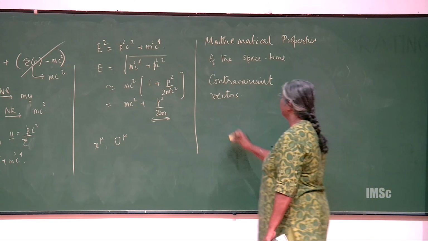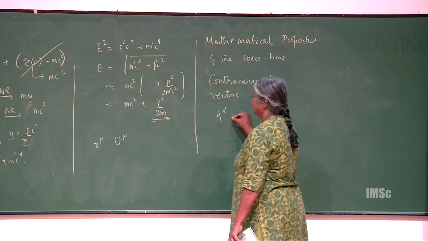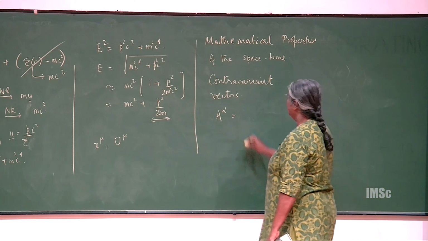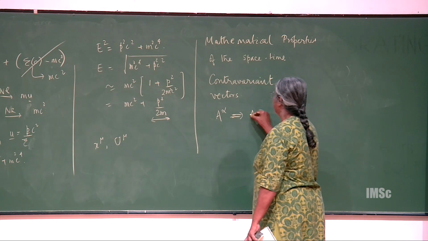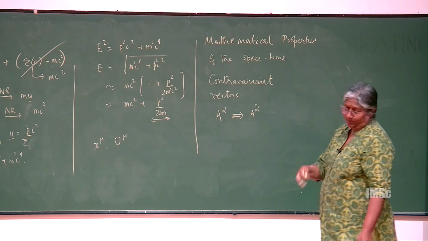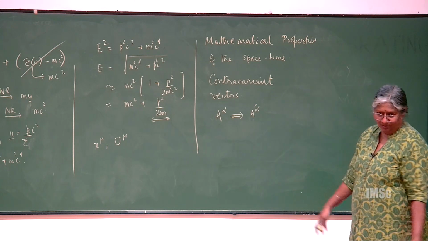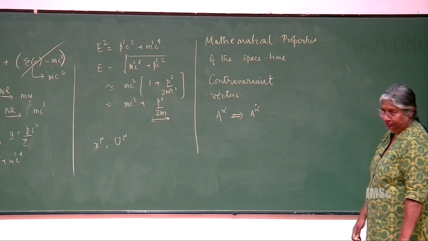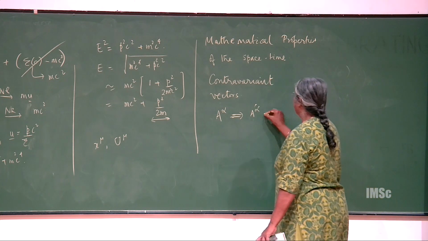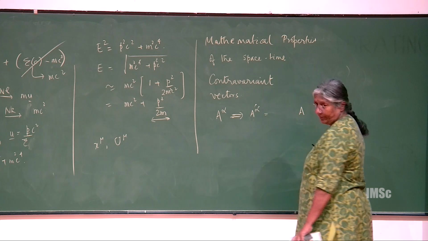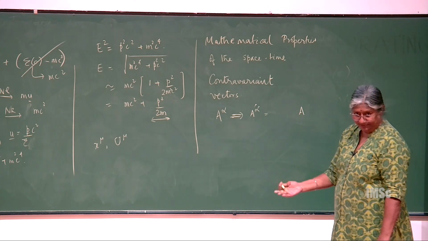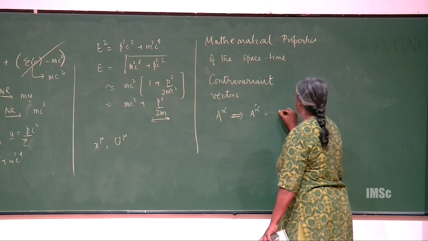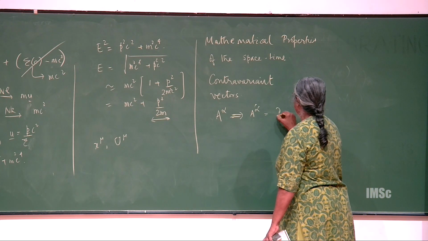If I have a contravariant vector A, let's forget mu and give it alpha for a change, then I can write under a Lorentz transformation, A goes to A prime, under a constant velocity v, all that is known, but the mathematical content of this transformation will be that A prime will be related to A. We saw x mu prime was related to x mu, and the coefficient here will be related to dx prime by dx.